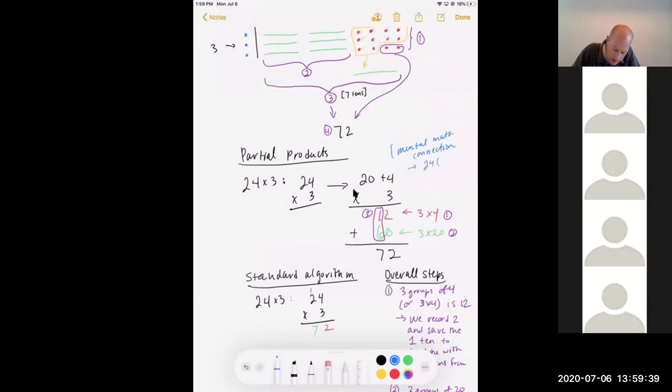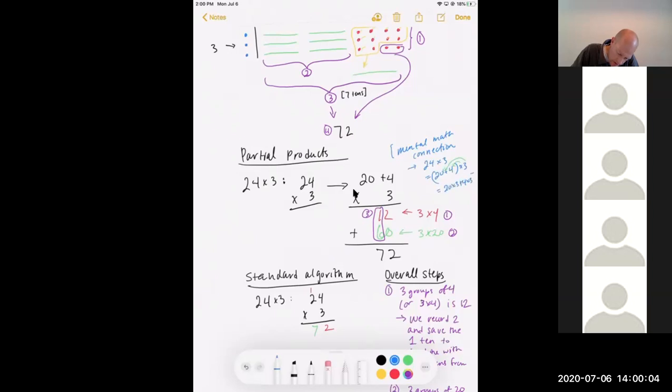24 times 3 is equal to 20 plus 4 times 3. Okay, and from there you can distribute the 3 to the 20 and the 4. Okay. And then we have 20 times 3 plus 4 times 3.